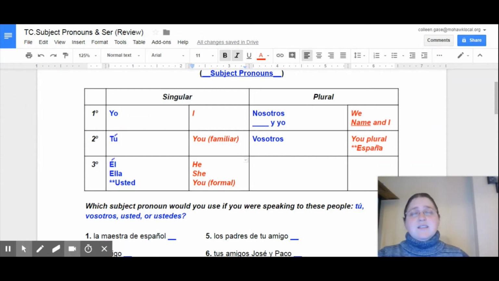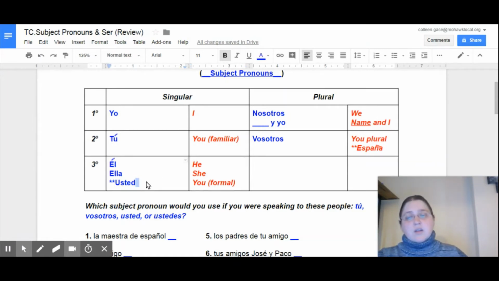Yes, it is second person if we're going to get into a literary conversation, but in terms of how you're going to actually use this chart, it needs to go in the third person box. Think of it as you're elevating them up to the next status because you're trying to show them respect. You're trying to put them a little above you. And that is why they're getting bumped up to third person.